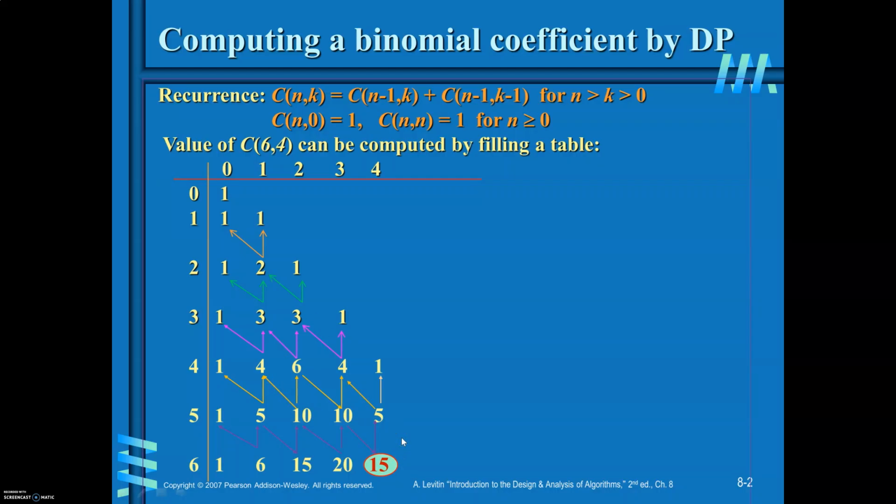Okay. Now we'll see the algorithm for this. In order to find this, you need to vary the loop from 0 to 6, that is 0 to n. i is varied from 0 to n and j must be varied from 0 to minimum of i comma k.